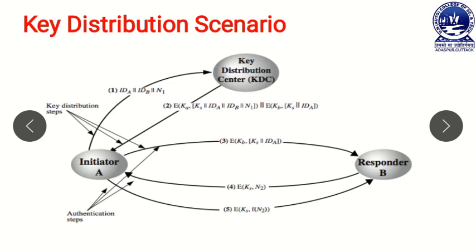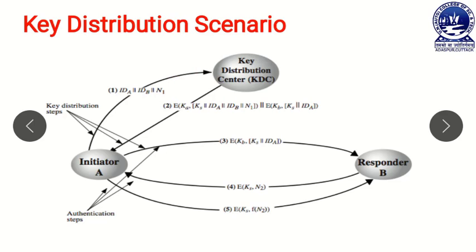That means this encrypted message can only be decrypted by the initiator A. Now look at the message. The message includes KS, which is the one-time session key. Then next it contains the original message that is sent by the initiator A.